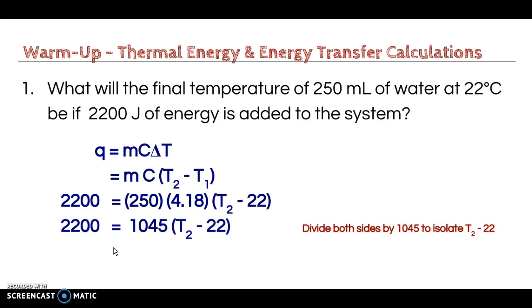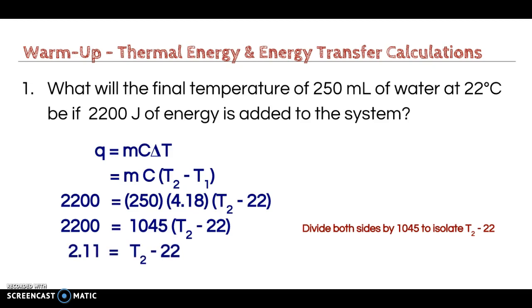Here's the first step, where I've multiplied 250 by 4.18. Now I'm left with 1045. In order to isolate T2 minus 22, I'm going to divide both sides of this formula by 1045. There we go. That's what I get.